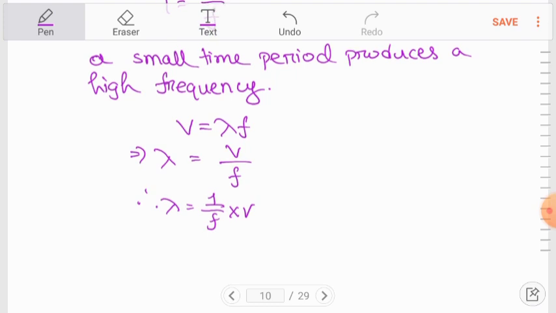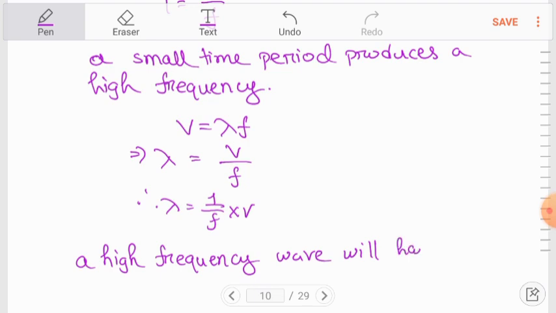As wavelength is inversely proportional to frequency, a high frequency wave will have a small wavelength.